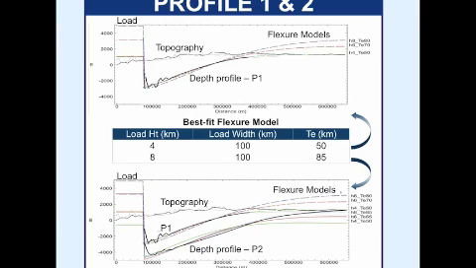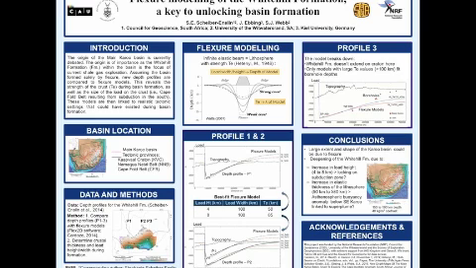This highlights that as we move from west to east, the basin gets deeper and the wavelength of the depth profile is broader, and therefore we can only model it with a smaller height in the west, a height of 4 kilometers, and it increases to 8 kilometers in the east. This is the load from the Cape Fold Belt, and the strength of the crust is increasing from about 50 kilometers to over 85 kilometers in the east.